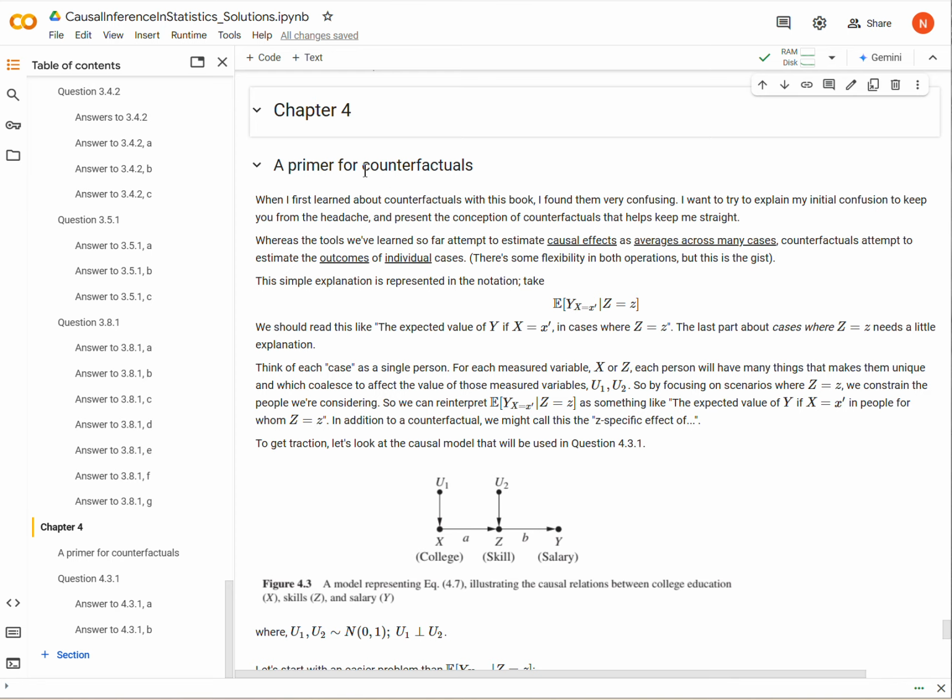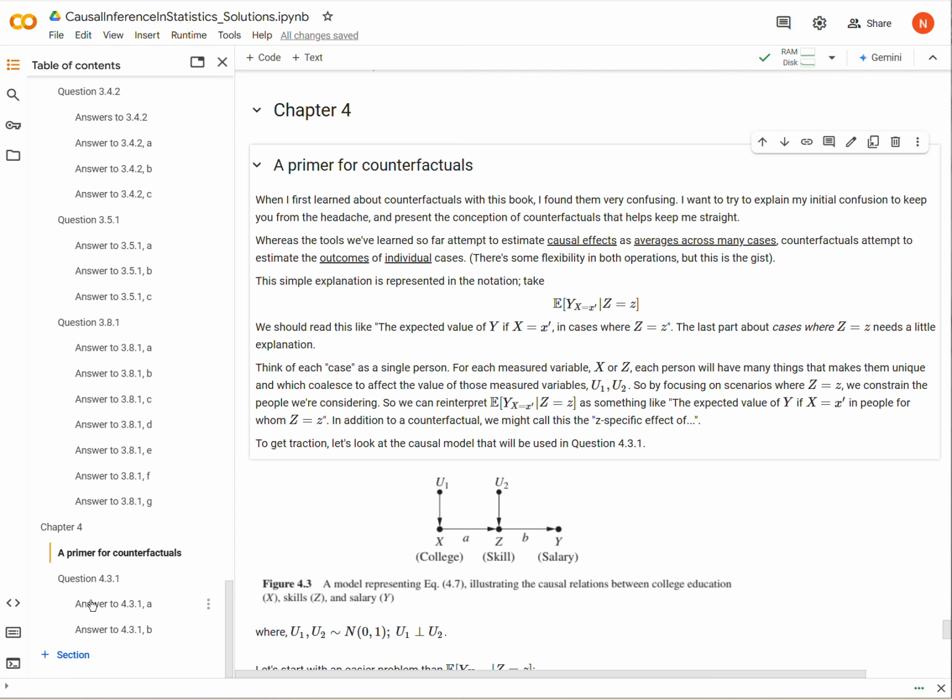But Chapter 4 deals with counterfactuals, okay? And counterfactuals are a little bit of a different beast than what has come before. I find that the way Pearl talks about these is very much like somebody who is an expert in them and has difficulty trimming the fat and expressing this to somebody who's not familiar with it.